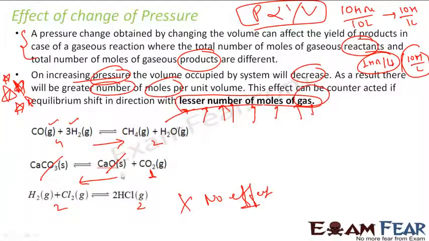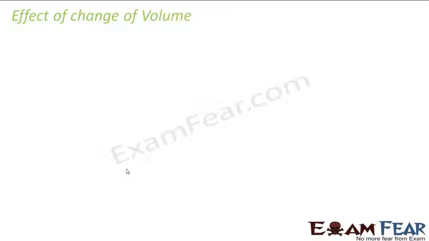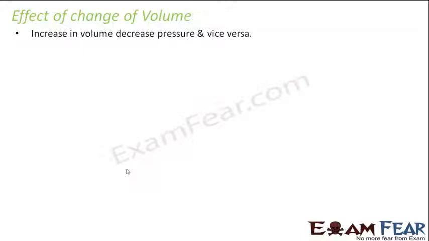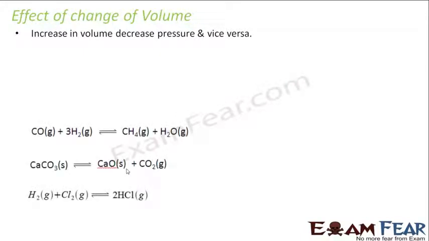So if you increase the pressure, it will go in the direction where we have the lesser number of moles of gas. The effect of change in volume, as I told, will be just the inverse of the effect of change in pressure. If you decrease the volume, that is nothing but increasing pressure.